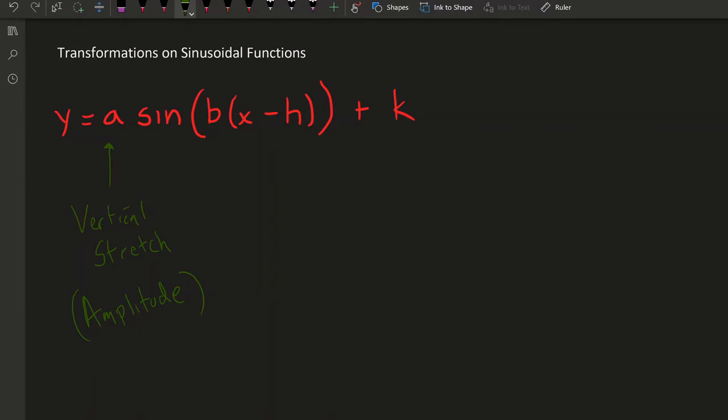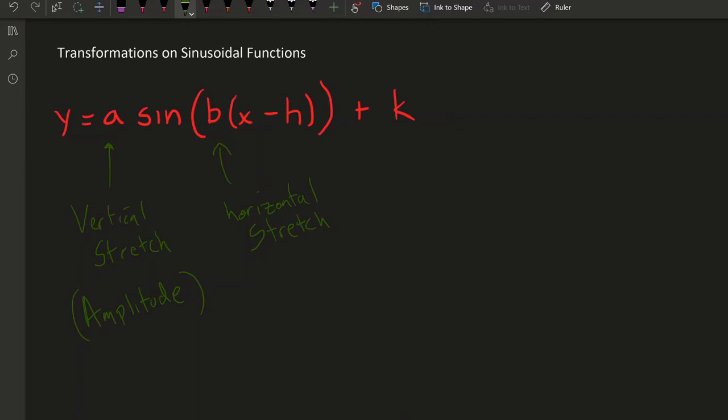In a similar way, b is going to be the horizontal stretch. The big thing that the horizontal stretch is going to affect is the period.